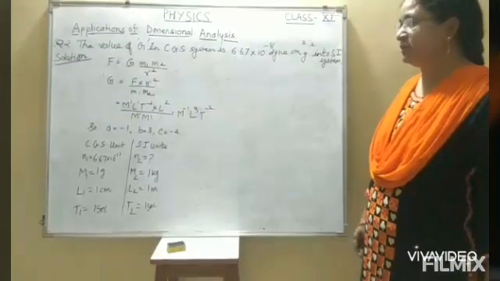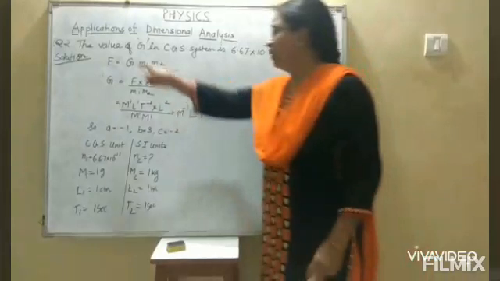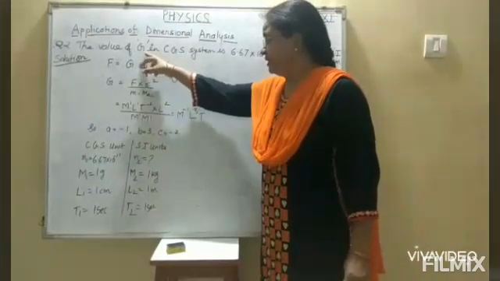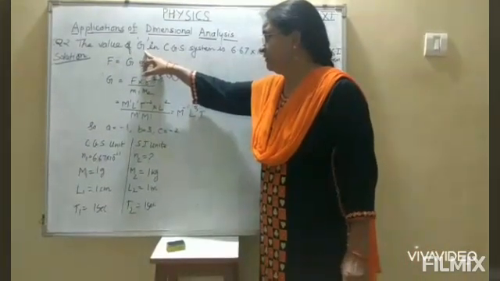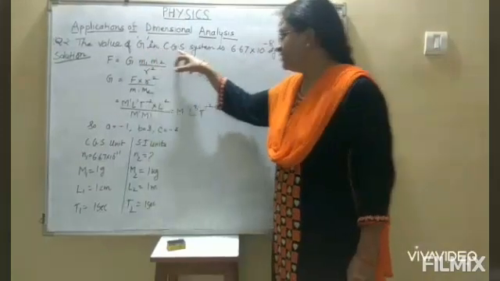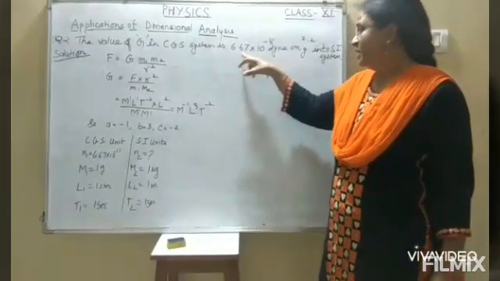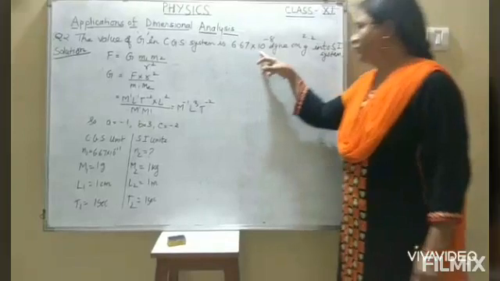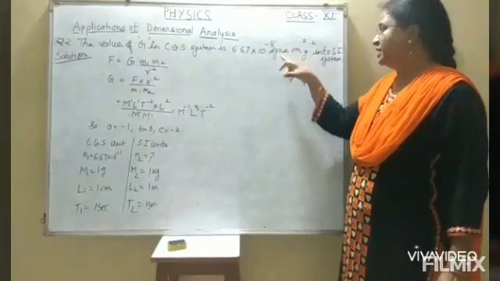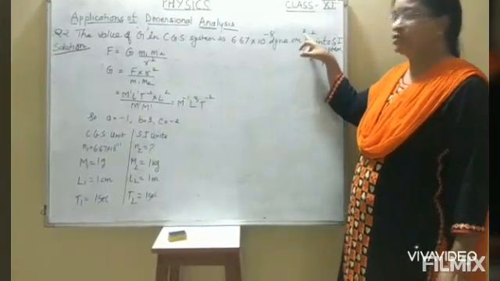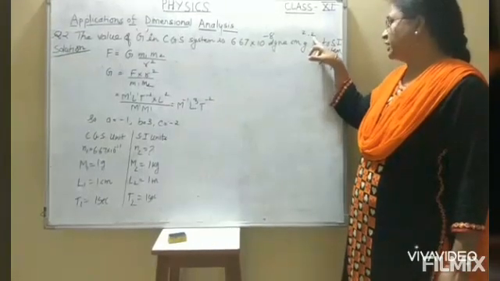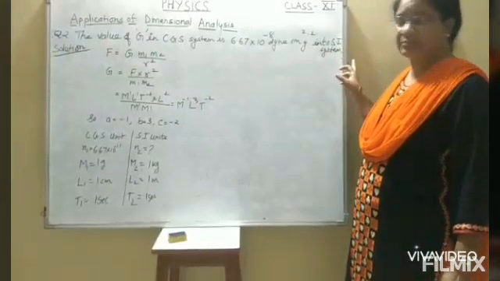Now come to question number 2. The value of capital G, the universal gravitational constant, in the CGS system is 6.67 into 10 raised to power minus 8 cm cube per gram second square. Okay.